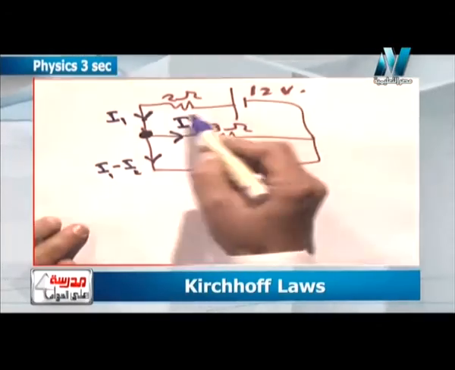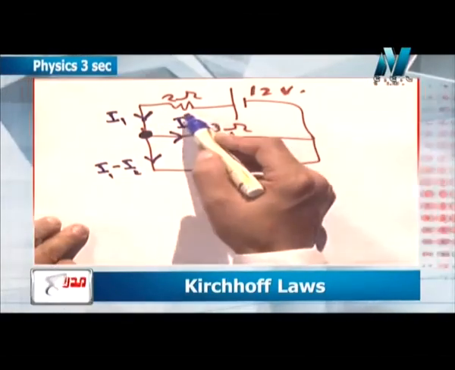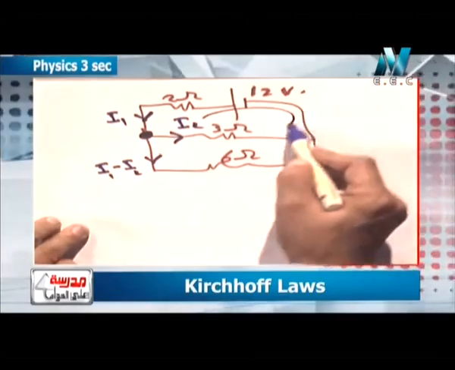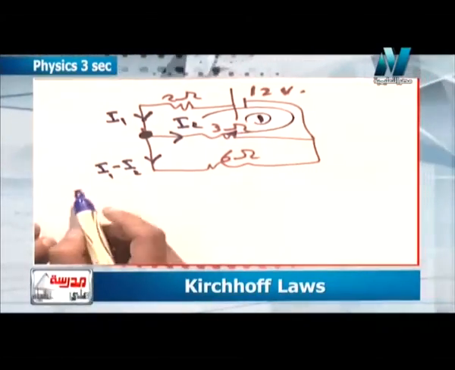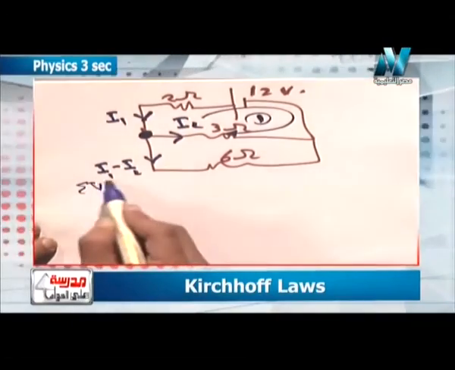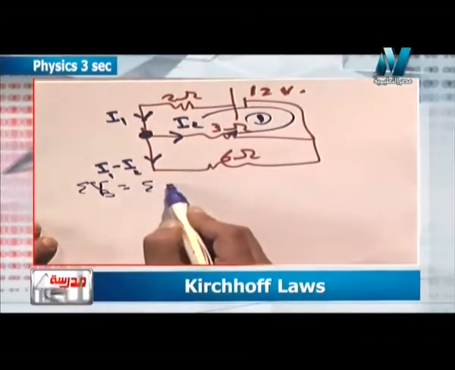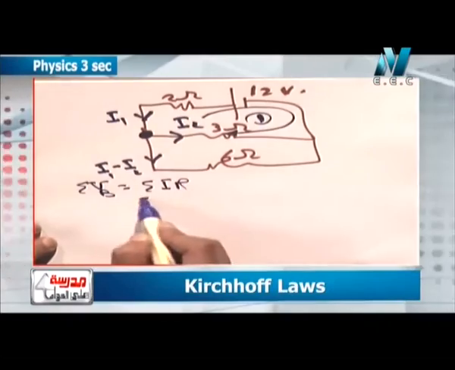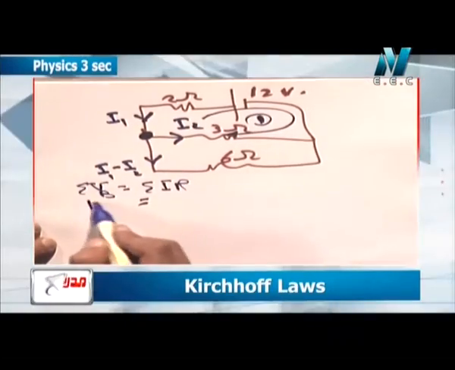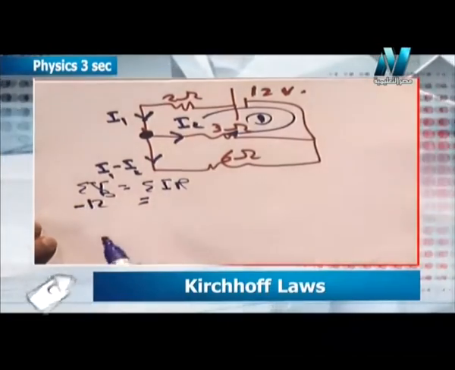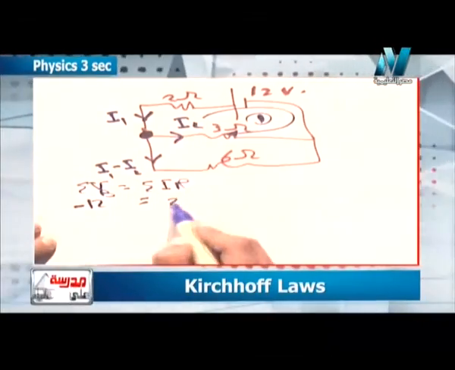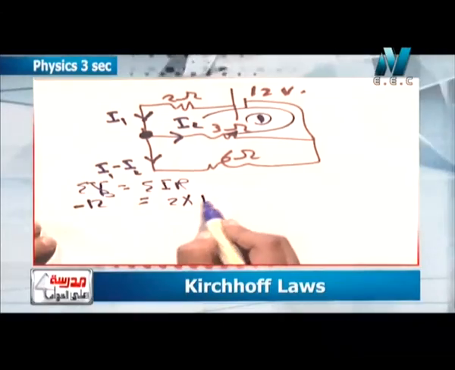Then at the first loop, summation VB, don't forget, equals summation IR. Here 12, the loop goes from positive to negative so here negative, and IR here is 2 times I1.